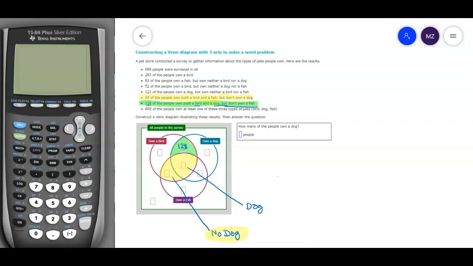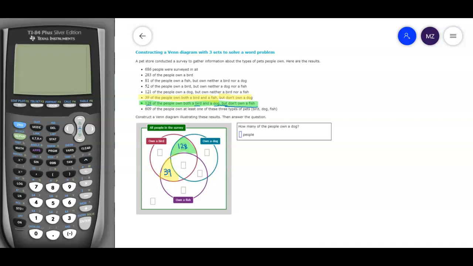Let me erase it again. So no dog is going to be only this part. Then we can go to here and we place 39 people. Let me get rid of this again.